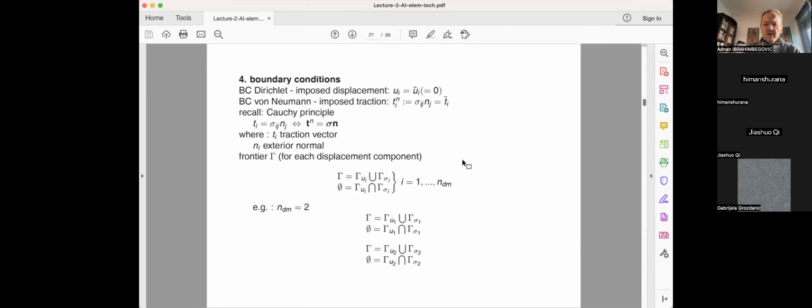So, for example, if I take a specimen like that, here I have to have 1 support, a 2nd support, and a 3rd support.